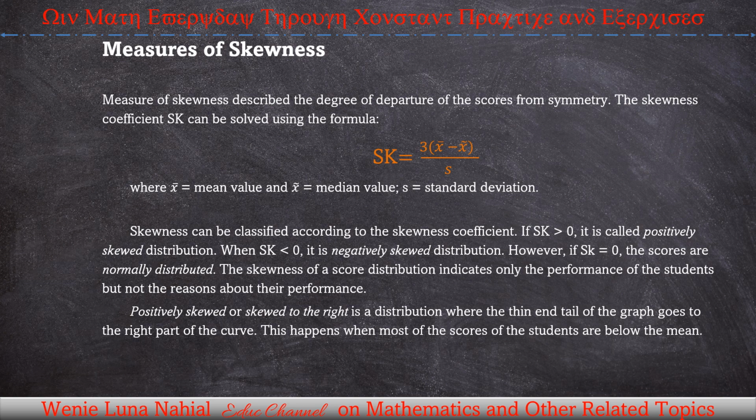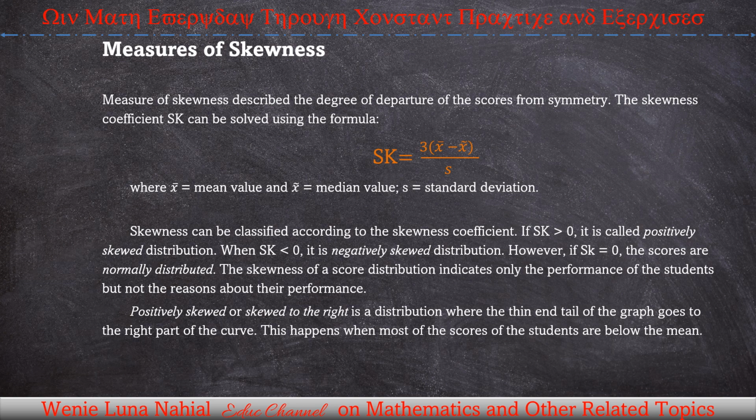So it is the tail of the graph which indicates the performance. It gives an idea. So for positively skewed or skewed to the right, it means that most of the scores of the students are below the mean.